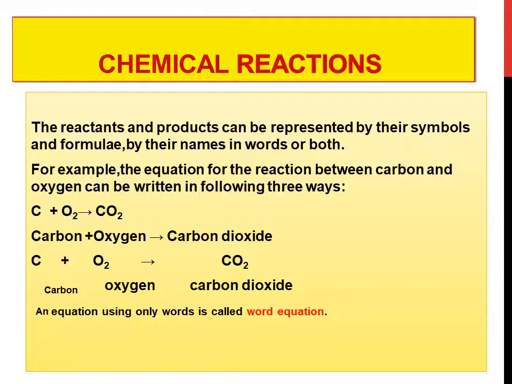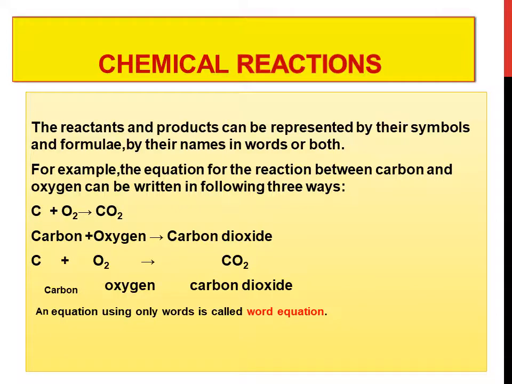Now whenever we talk of a chemical reaction, we know that generally two or more reactants take part in a chemical reaction. They react to give a product. It could be two or more products, right?